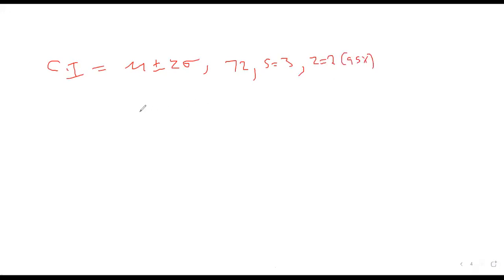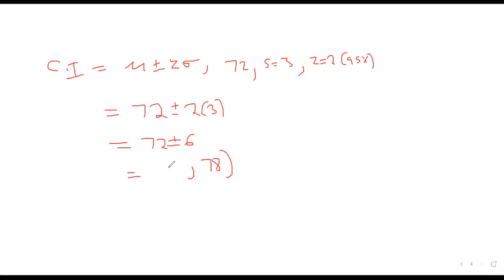So we're being asked to find a confidence interval. So you can do 72 plus minus 2 times 3. When you get a 6 there, we'll subtract 72 minus 6 and 72 plus 6. The upper bound is 78.